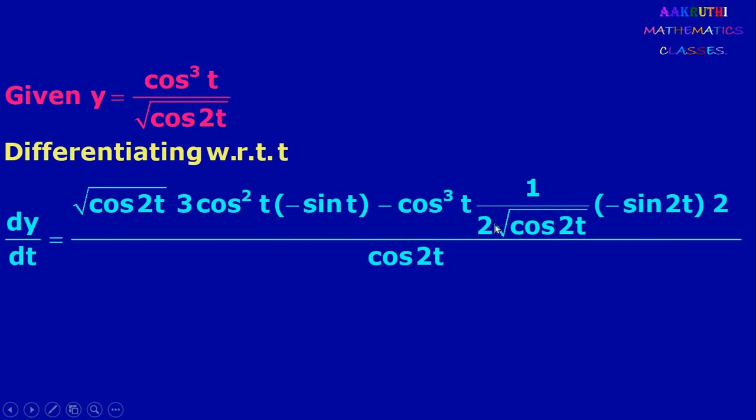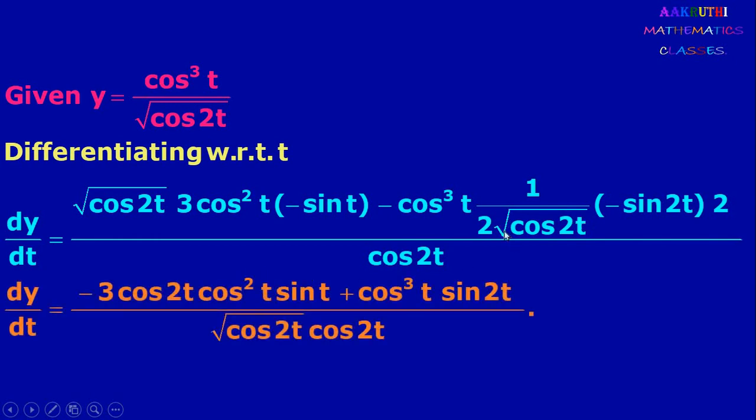Now here also take the LCM. Root of cos 2t LCM, and here the 2 gets cancelled. We can take root of cos 2t to the denominator, and we can write root of cos 2t into cos 2t in the denominator.